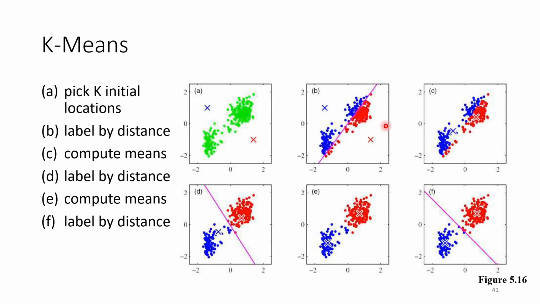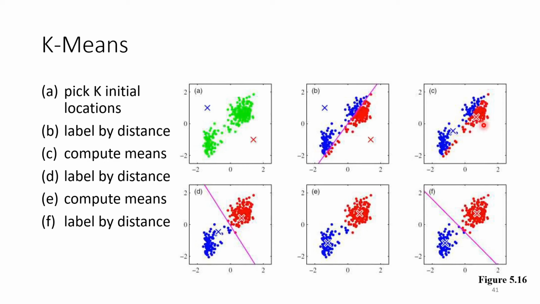Then you just use the Euclidean distance to label all the input vector data. Here you can see a straight line separating those input data into 2 groups, the red group and the blue group, and then you calculate their means. Can you see the red cross here?